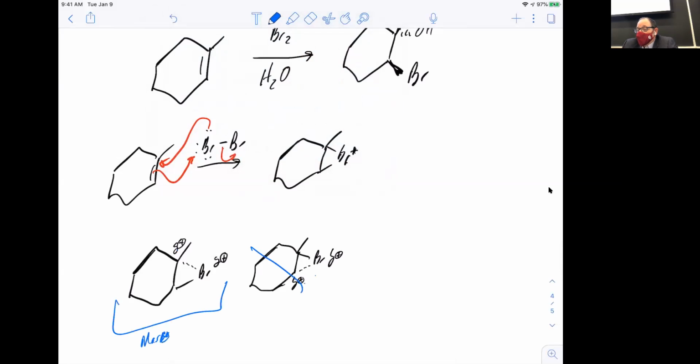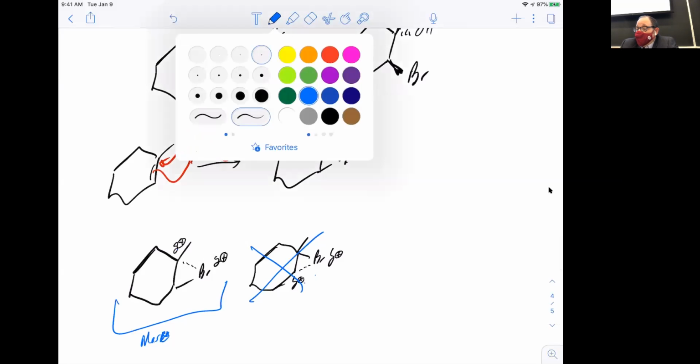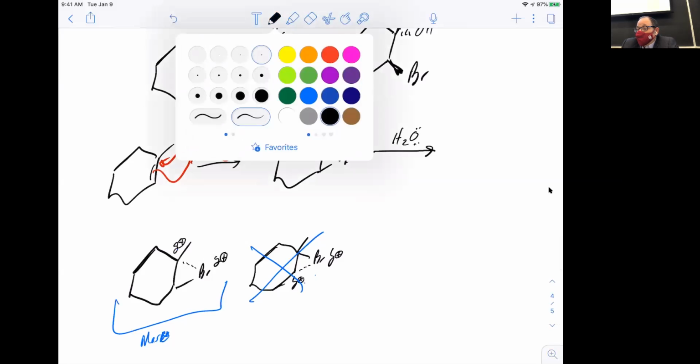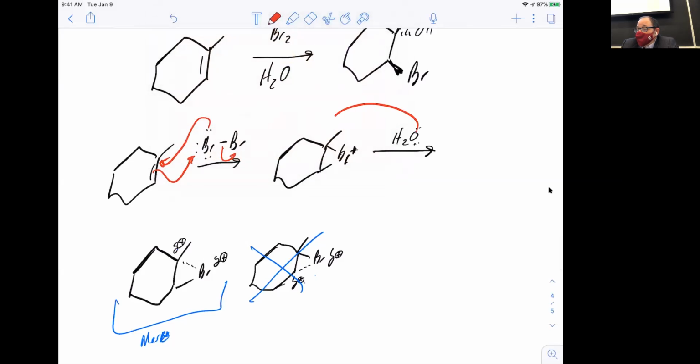So if we think about this structure, there's going to be a partial amount of this structure there, which means that we don't have equal electrophilicity in our two carbons. That means that whenever we come in and react with the water, where is the water more likely to react? The water is more likely to react at the more substituted position.